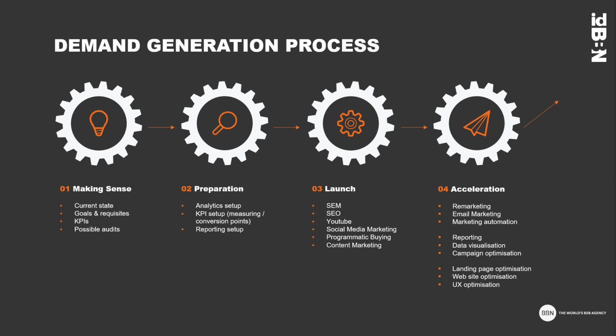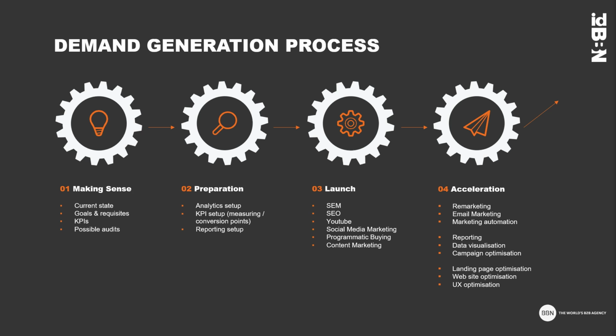I think one of the most important things is part 4, which is the acceleration, which makes the magic happen. This is when we start our remarketing campaigns. We can use email marketing, launch those marketing automation programs to nurture the leads. We send reports for different stakeholders.